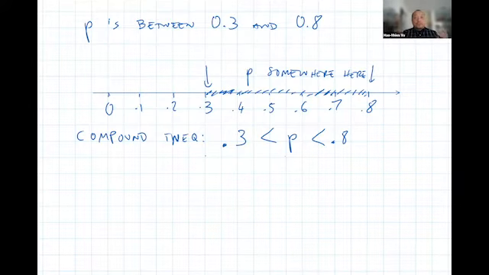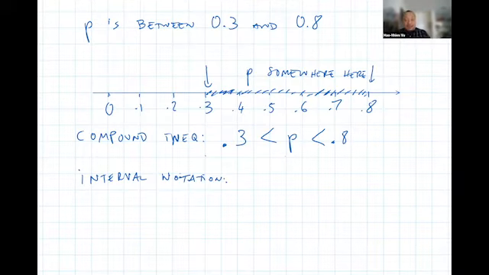All right, so using a compound inequality is one way of writing an interval. We're describing the interval as all the numbers between 0.3 and 0.8. Another way of writing an interval is using interval notation. And it consists of parentheses.